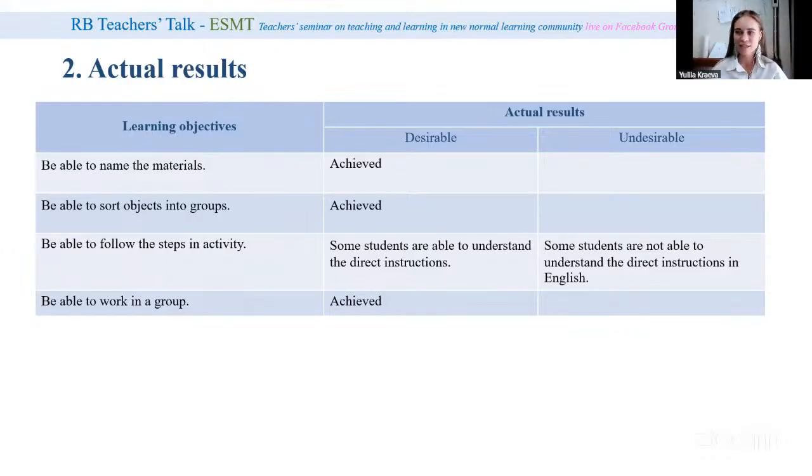In this class I was alone without a co-teacher, but in class 1/5, 1/2, I think, I had a co-teacher and it was easier because she was translating. But in English, it's almost impossible. And be able to work in a group, achieved. The main problem is just the language, not that they cannot work in a group.